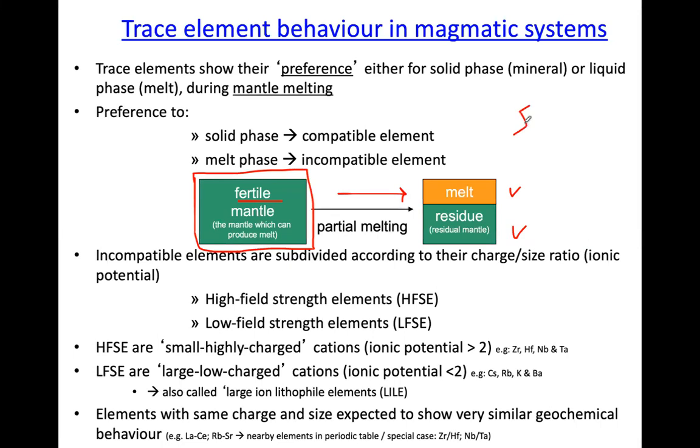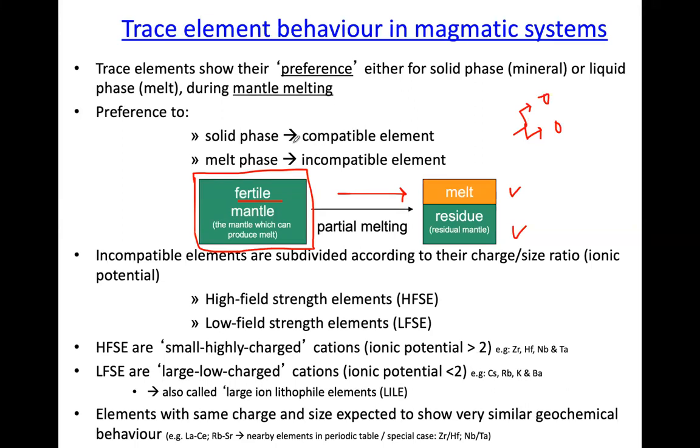The original set of elements which were available within the mantle region will now get fractionated or partitioned into two components, right? One is solid, the other one is the liquid, right? So this is what we call the partitioning. Preferential moving of elements from one phase to another, that is what we call the partitioning.